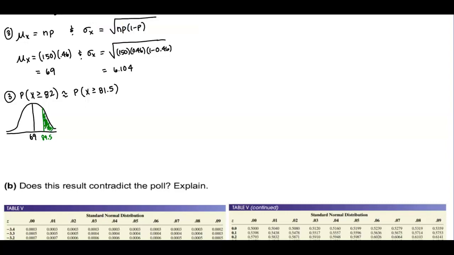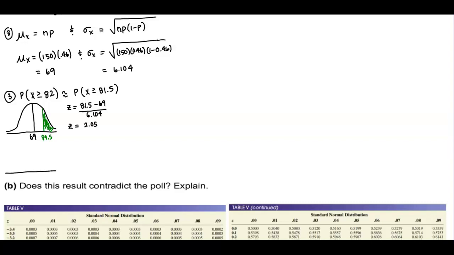So now we want to find the z-score. We're going to take 81.5 and subtract the mean, which is 69, and then divide that by the standard deviation, which is 6.104. And so the z-score rounded to 2 decimal places is going to be 2.05.